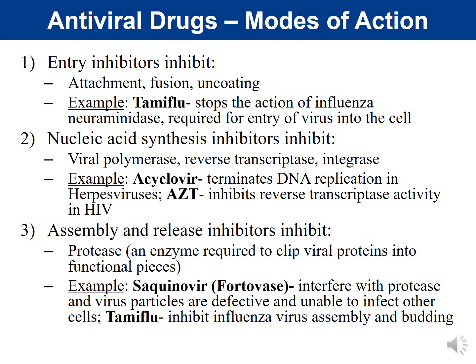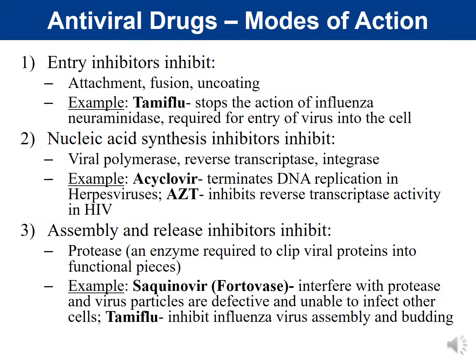Some antiviral drugs inhibit assembly and release. They might inhibit protease, and protease is an enzyme required to clip or cut viral proteins into functional pieces. And so without that ability, those viruses can't be assembled and released. An example of that is saquinavir or fortovase.